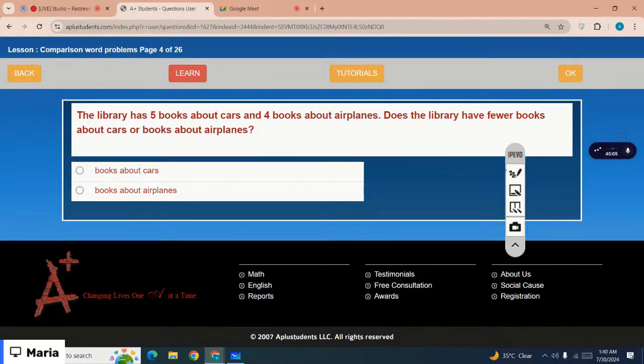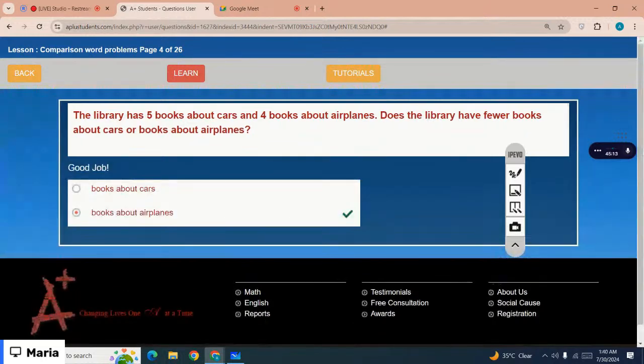The fewer books are about airplanes, right? Because four is less than five, so they have fewer books about airplanes. Option number two is the correct option.